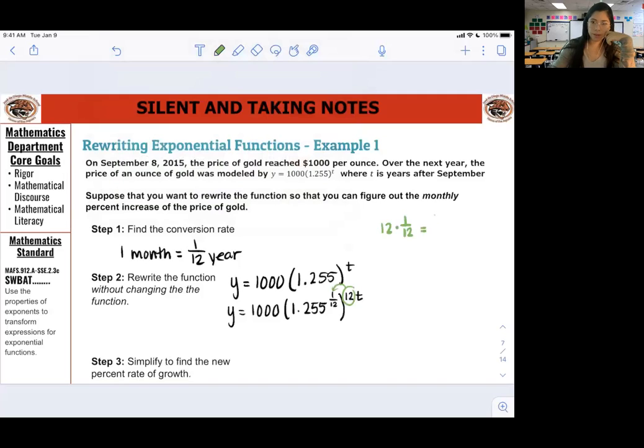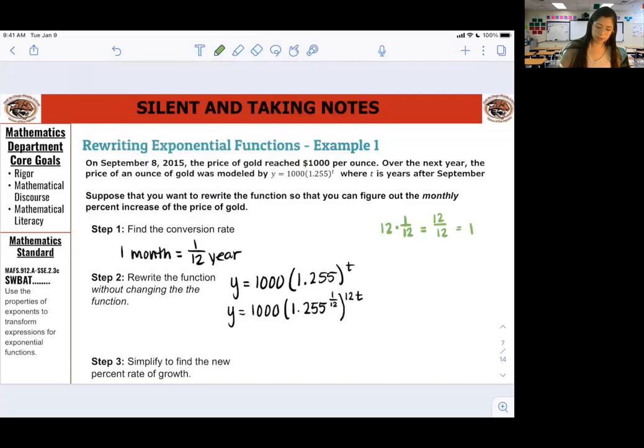And what's 12/12? 1. So did I actually change anything about the equation at the end? No. Not at all. But now, and here's the reason I did it in the first place, step 3, simplify to find the new percent rate of growth.